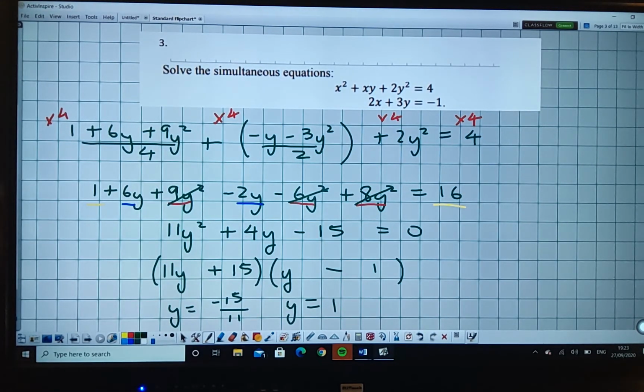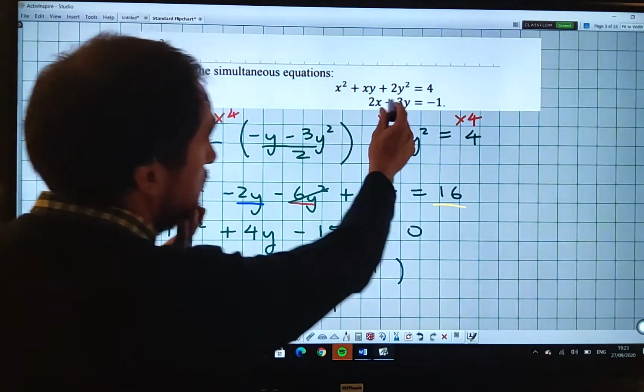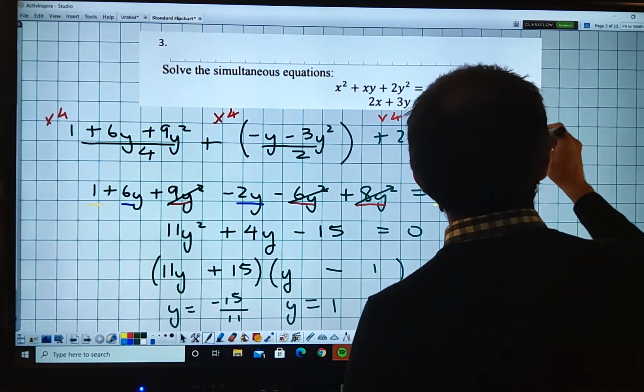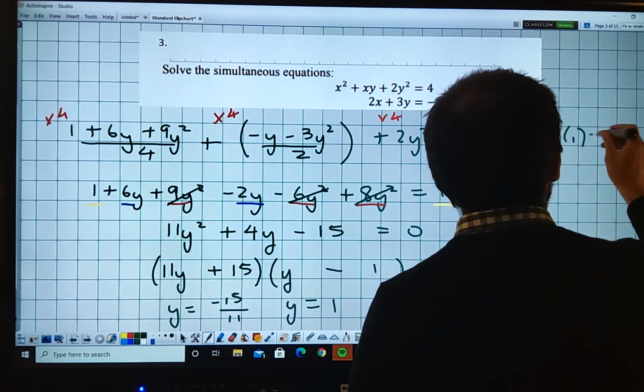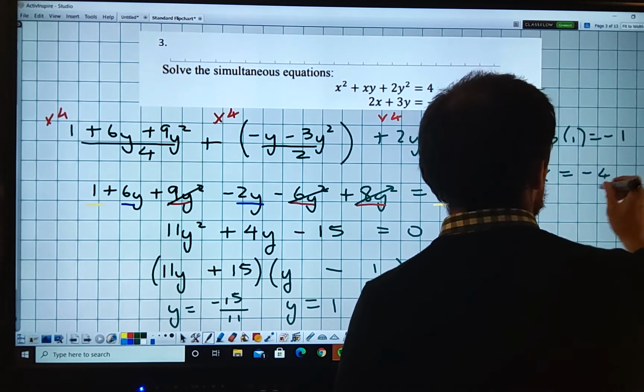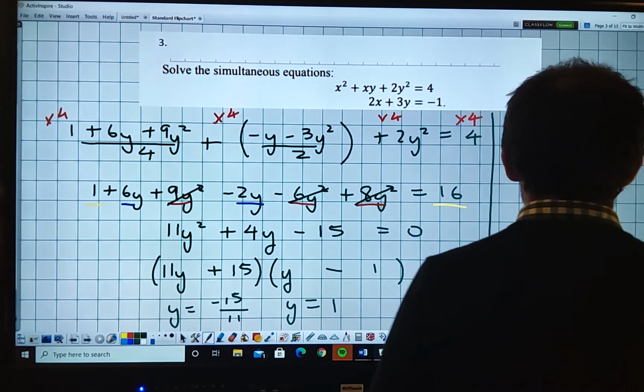And then all you do is you fill in y, the 1, into this here. So 2x plus 3 times 1 is equal to minus 1. So 2x is equal to minus 1 minus 3, which is minus 4. So x is equal to minus 2.